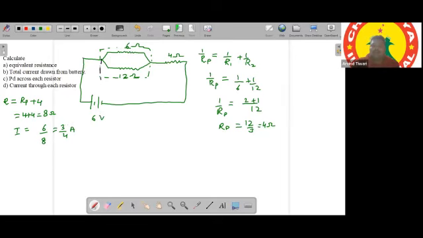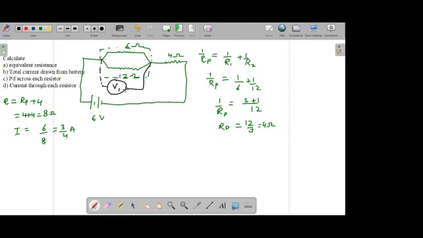If I put a voltmeter over here, what is the potential difference that this voltmeter will show? Will this voltmeter show me 6 volt or anything else? It will show me a different potential, not 6 volt. Yes, sir. I'll correct it.